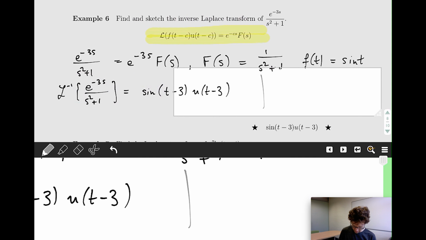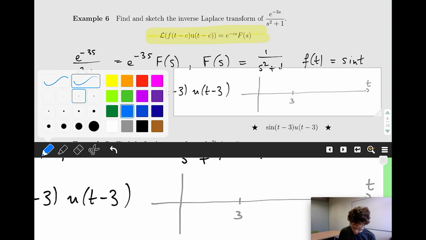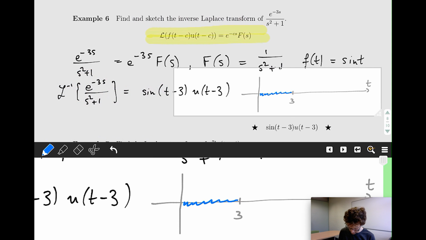Well, it's going to look like the sine function, but starting at t is equal to 3. So this thing is going to be 0 up until 3, and then it's going to oscillate back and forth between minus 1 and 1, just like good old-fashioned sine, except it's been shifted over by 3 units.